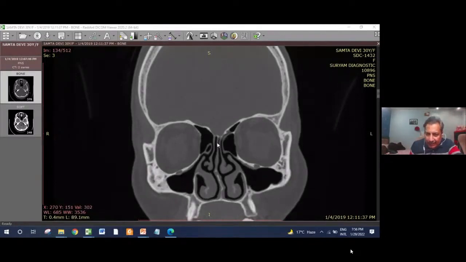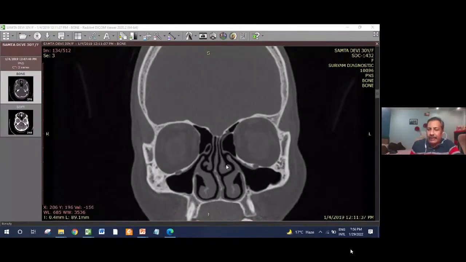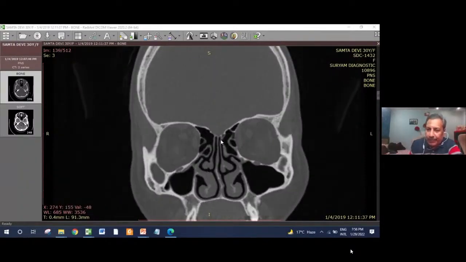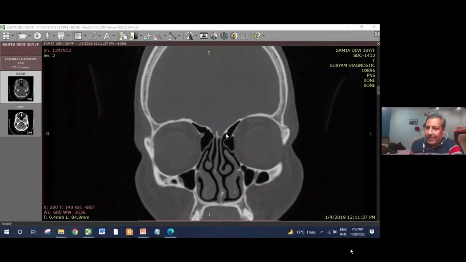Suppose this olfactory fossa is very deep till here, then the entire length of the lateral lamella in relation to the surgical instrument is much longer and relatively much thinner as well, and the chances of breaching the skull base are much higher. So you have to be very careful. You have to calculate the risk all the time.